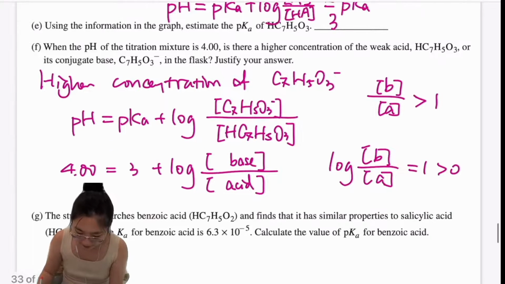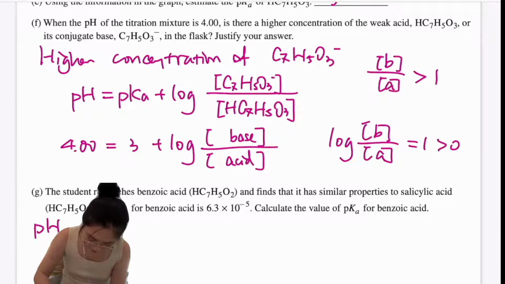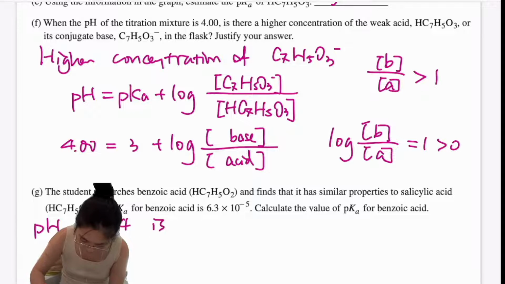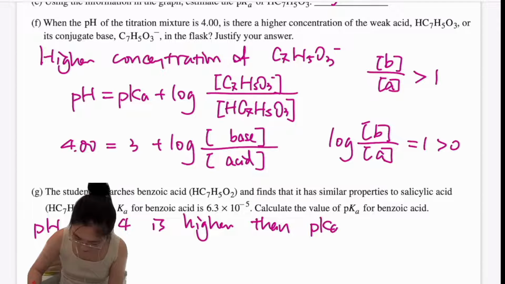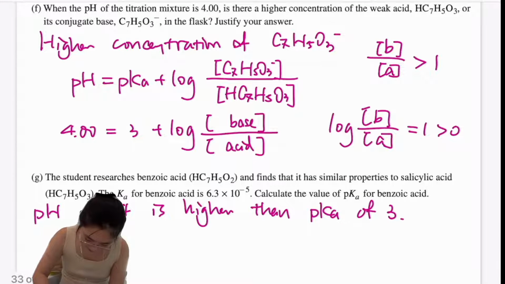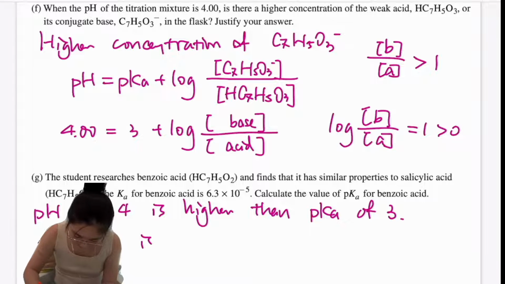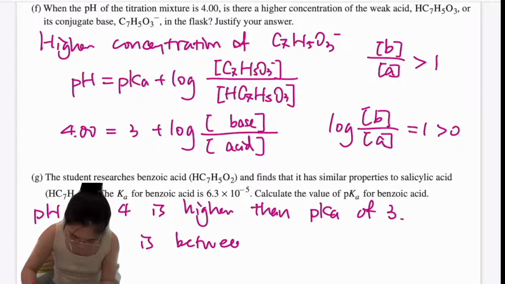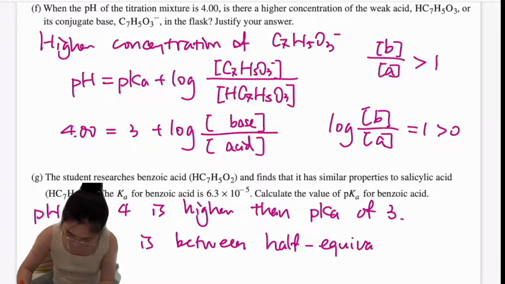So you're going to state that the pH of 4 is higher than the pKa value of 3. And this pH value of 4 is between the half equivalence point and the equivalence point.